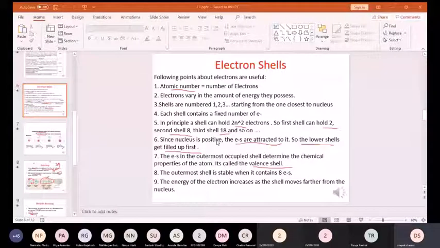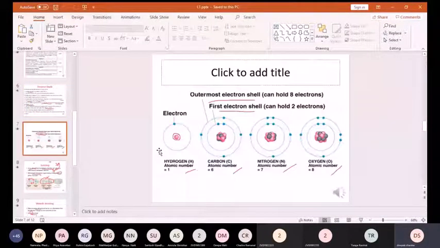Then the electrons in the outermost occupied shell determine the chemical properties of the atom, and they are also called valence electrons, and the shell is called the valence shell. These things we have seen. So this was just the atomic structure, Bohr's atomic model of different atoms, right?